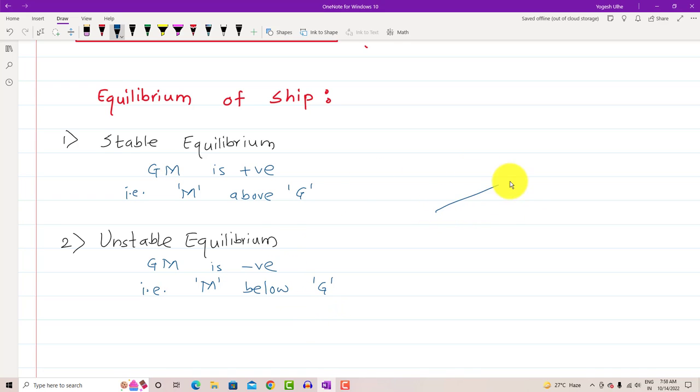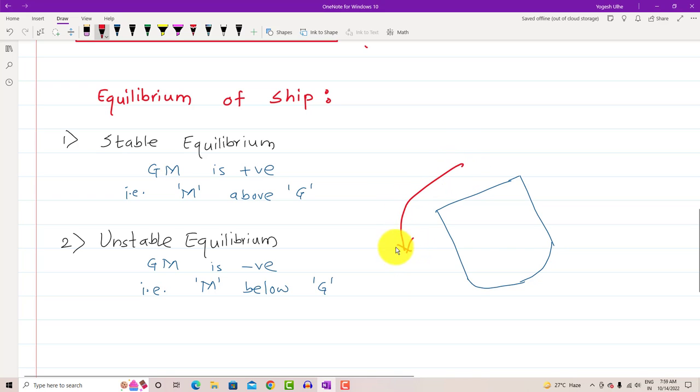Suppose due to bad weather the ship is heeled by some particular angle. But in this situation, the ship will not come back to its upright position. Instead, it will get capsized. In case of unstable equilibrium, the ship will get capsized.